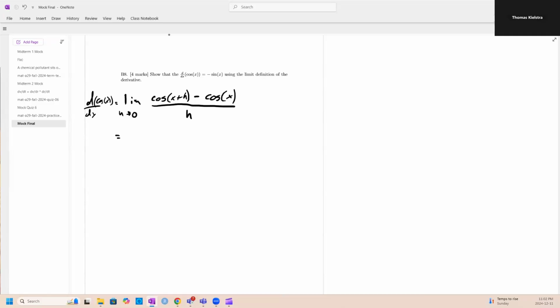I now need to use the angle addition formula here. Well, this equals the limit as h approaches 0 of cos x cos h minus sine x sine h minus cos of x, all over h. And this here is my angle formula for the addition.